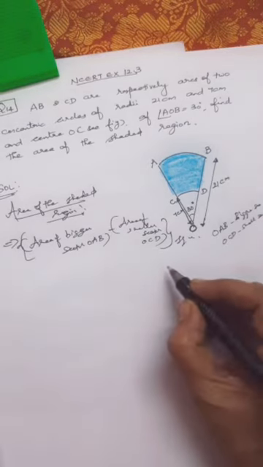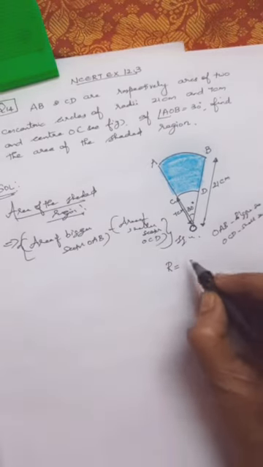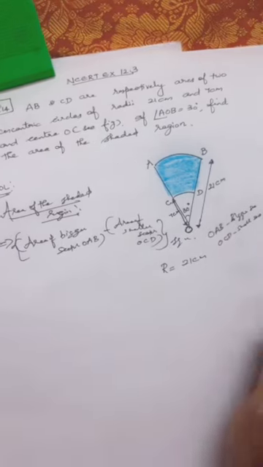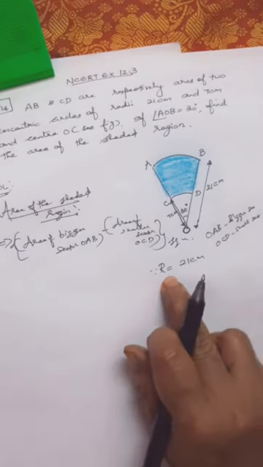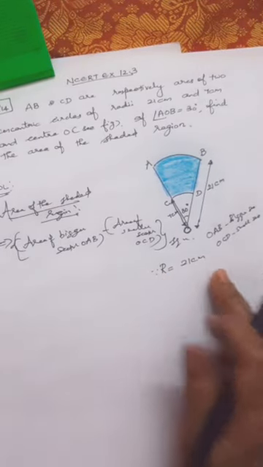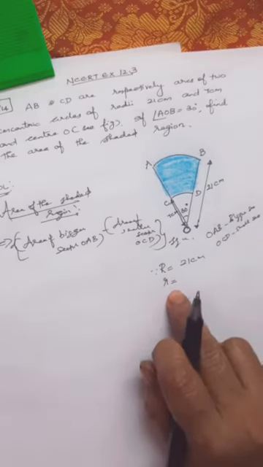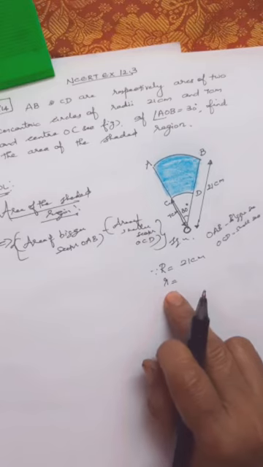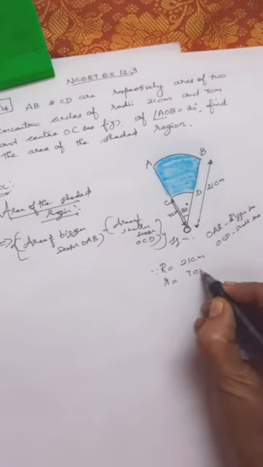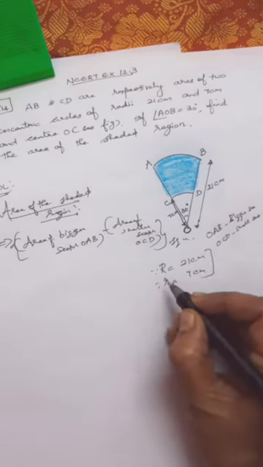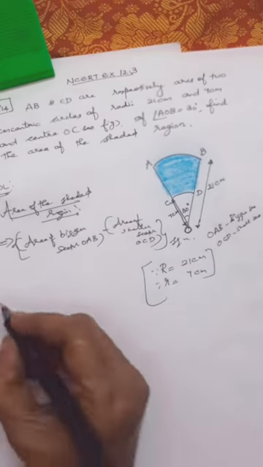For the bigger sector, the radius is given as 21 centimeter. So, in order to differentiate, let us note down as capital R equal to 21 centimeter. And for the smaller sector, let us take the radius as small r, and it is also given, that is 7 centimeter. So, we can make use of these values in the formula.